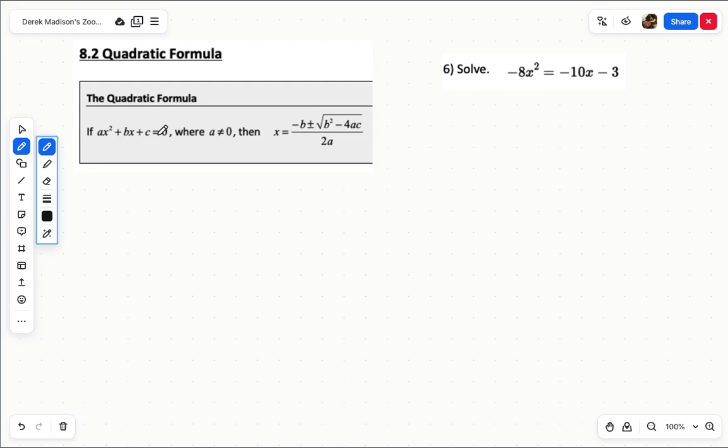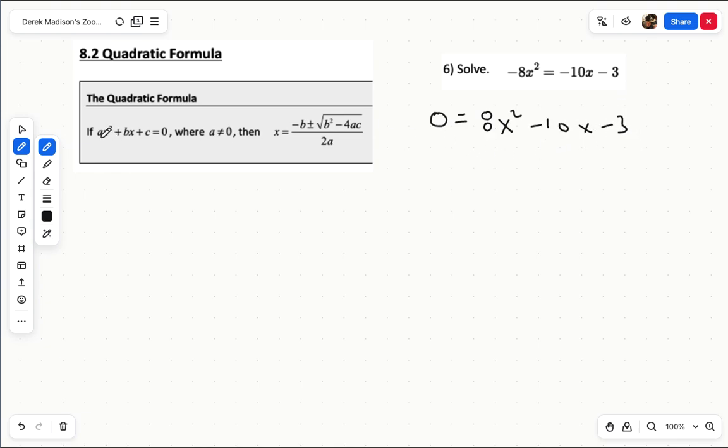So one thing with this is we need it to be equal to 0, same as when we were factoring. If I have the choice of having a negative leading term or not, I will always pick not. I find it kind of annoying when there's a negative on the x squared term. So I would move that over to this side and rewrite this as positive x squared, minus 10x minus 3.